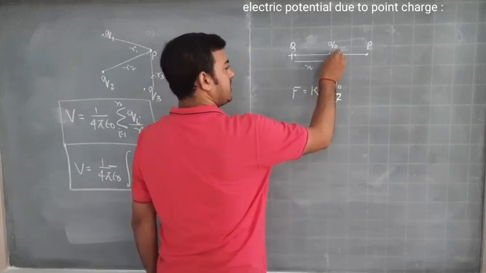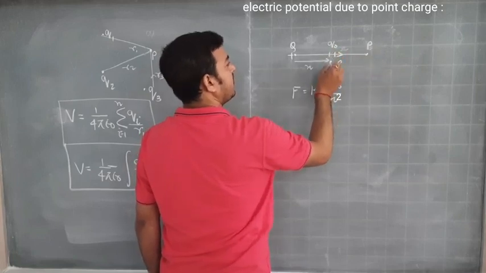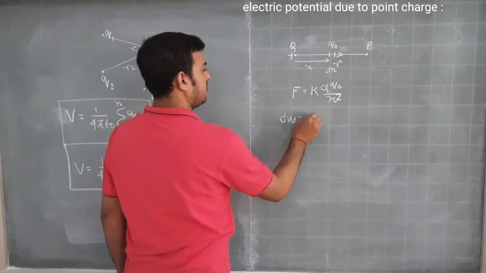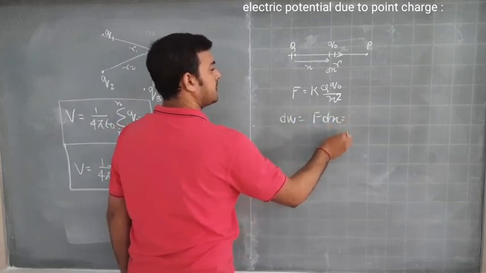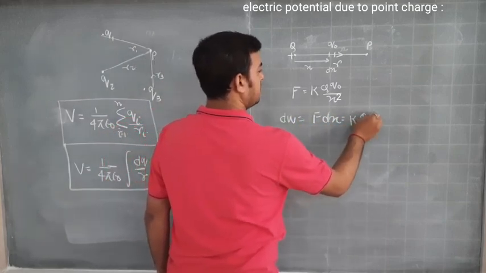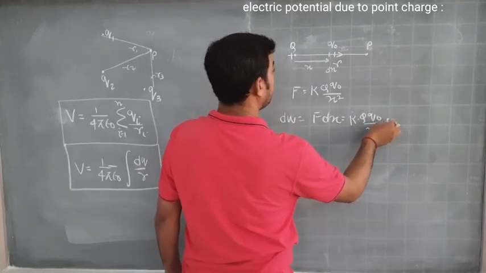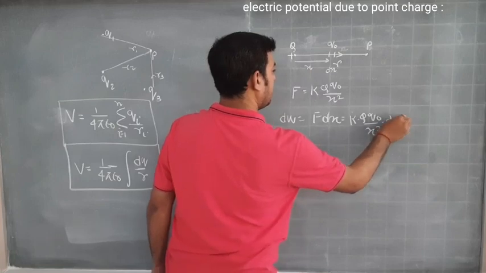If I displace it in the direction of the electric field by a distance of dx, the work done will be the force times the displacement. So this is Q Q naught by x square into dx.